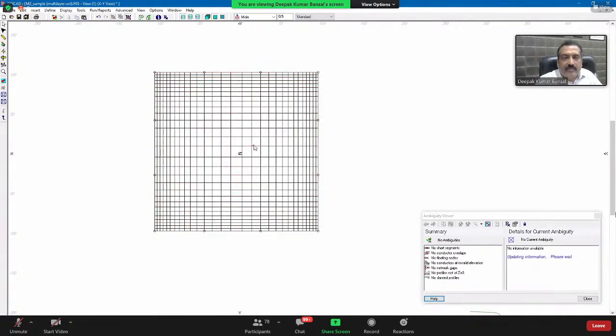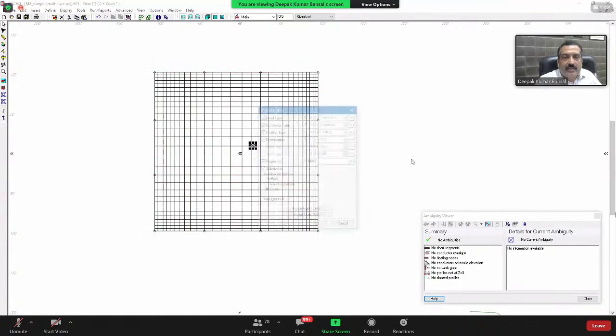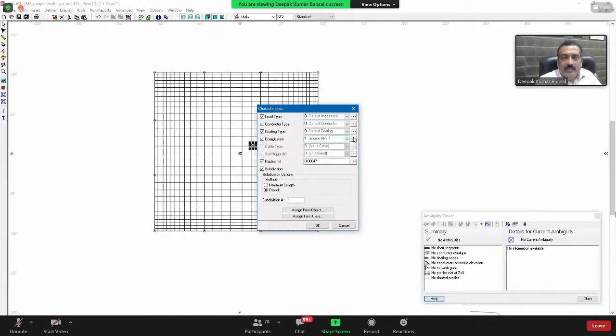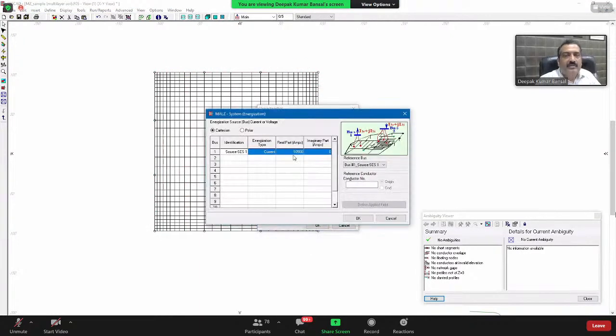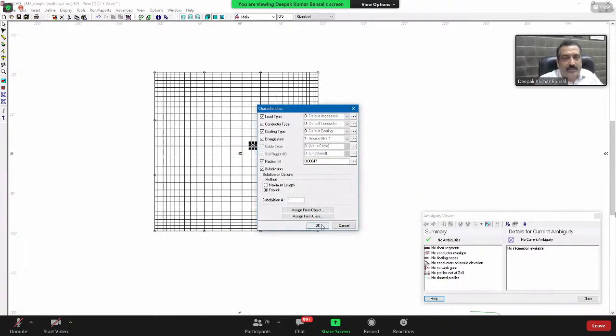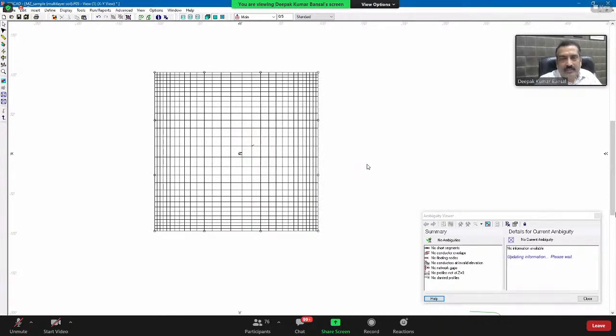I have created a small conductor here, and if you see the characteristics, I have injected current here through this conductor in the grid to see the parameters to calculate ground resistance, touch and step voltage, GPR, everything. And I have injected a current of 10,500 amps. Whether it is less or more doesn't matter, because it is just for a demonstration.